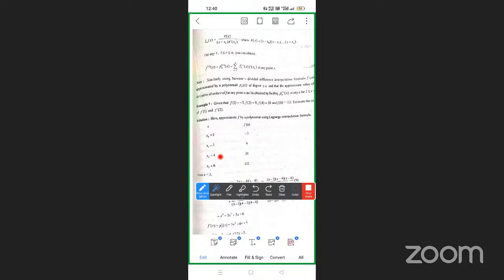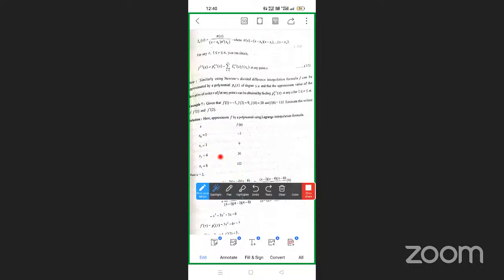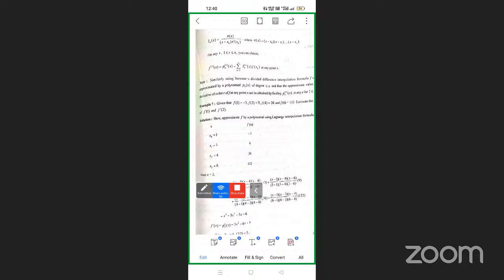Next. Given f of 1 is equal to minus 3, f of 3 is equal to 9, f of 4 is equal to 30, f of 6 is equal to 132. Estimate the values of f dash of 1 and f double dash of 2, the first derivative and second derivative at 1, 2. Before calculating derivatives, first we have to find the polynomial function and then differentiate with respect to x. Now substitute x equal to 1 and 2.